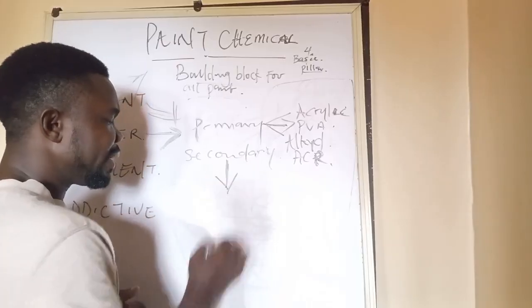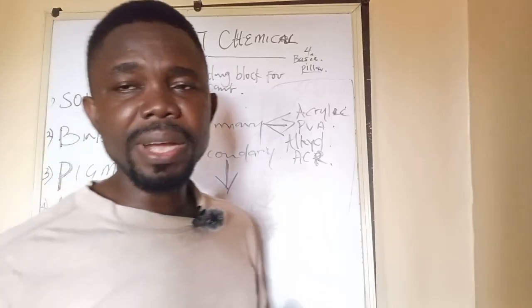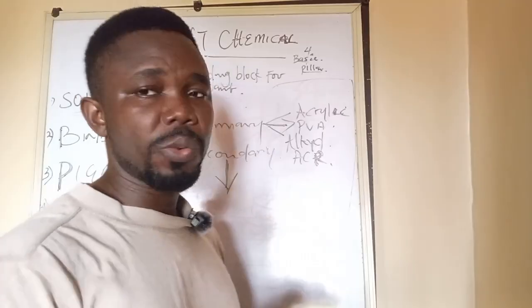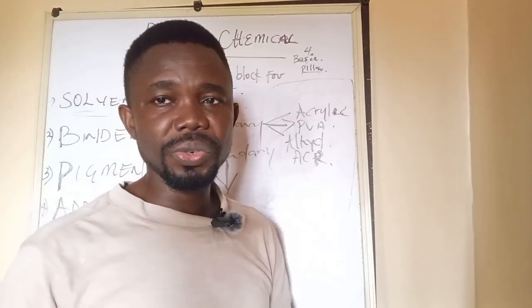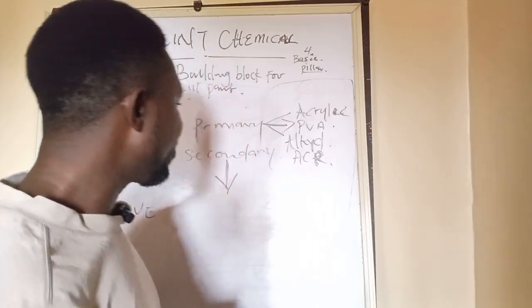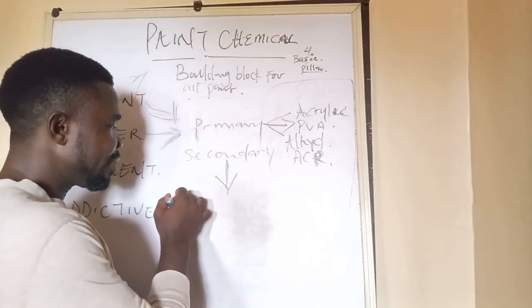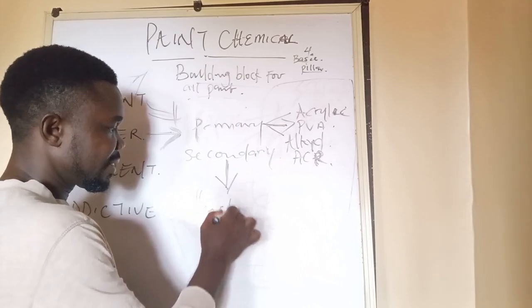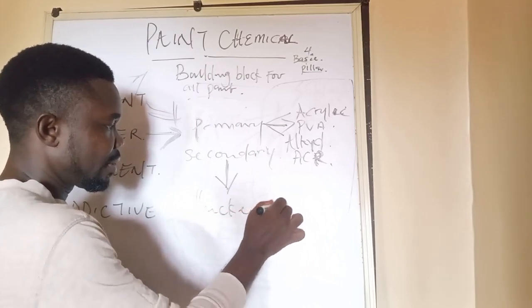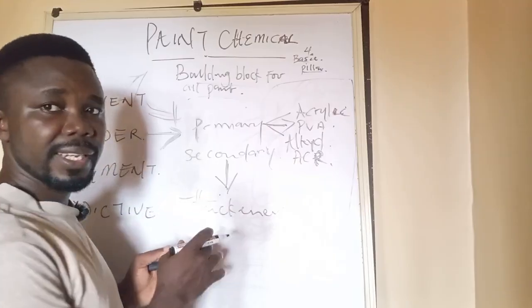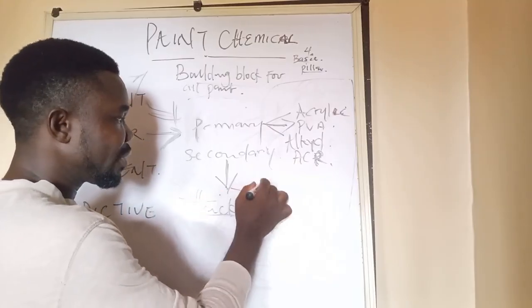What is secondary binder? If I would not want to waste our time, I'll just go straight to example. The example of your secondary binder is your thickener. This is the layman term. We call thickener rheologifier.